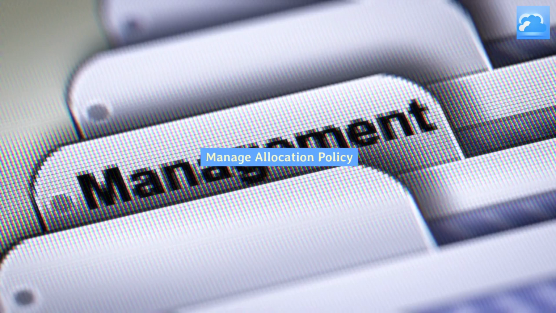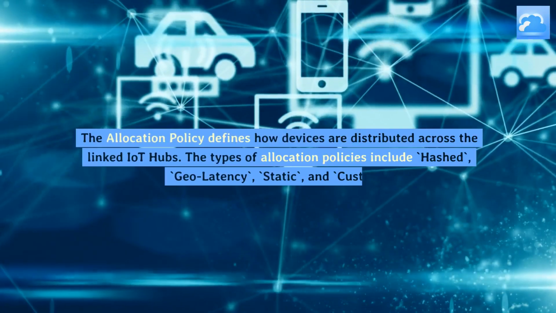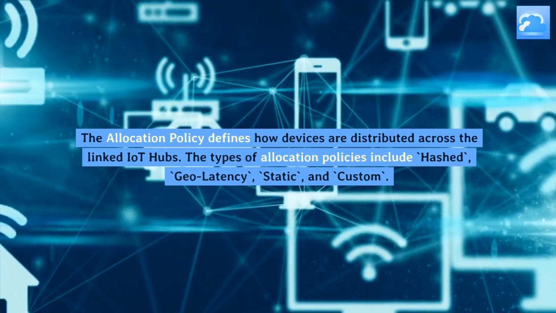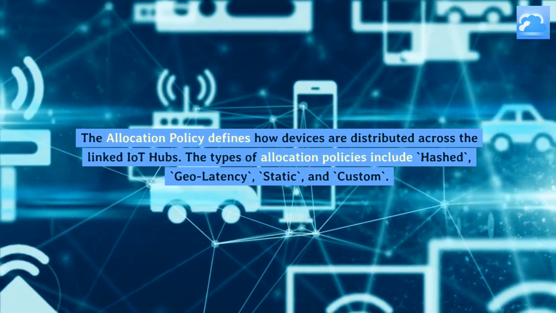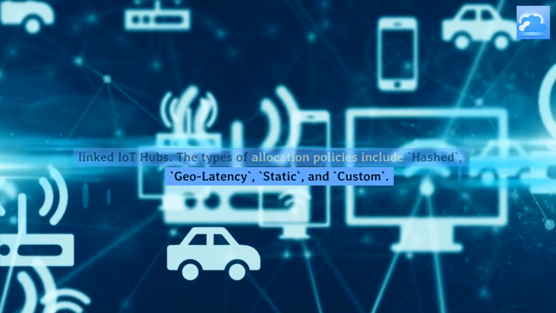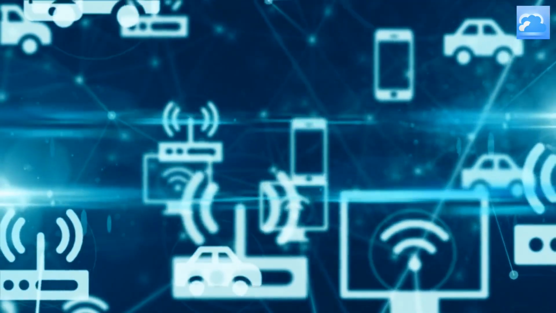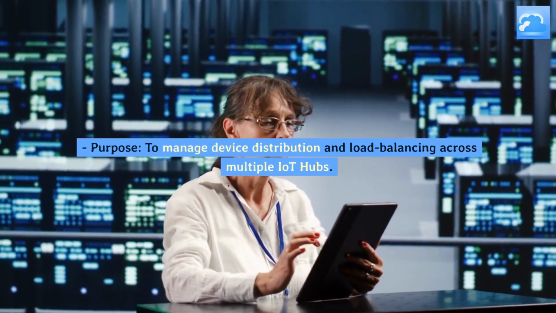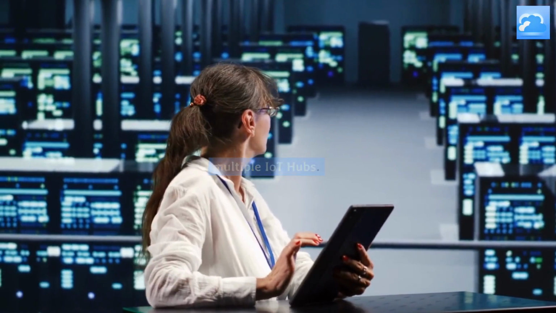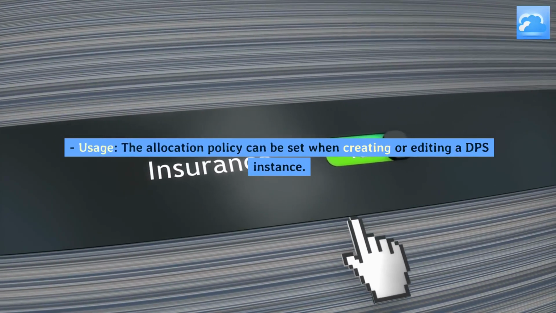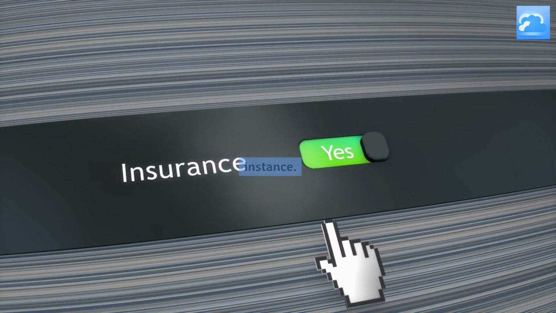Manage allocation policy. The allocation policy defines how devices are distributed across the linked IoT hubs. The types of allocation policies include hashed, geo-latency, static, and custom. Purpose: to manage device distribution and load balancing across multiple IoT hubs. Usage: the allocation policy can be set when creating or editing a DPS instance.